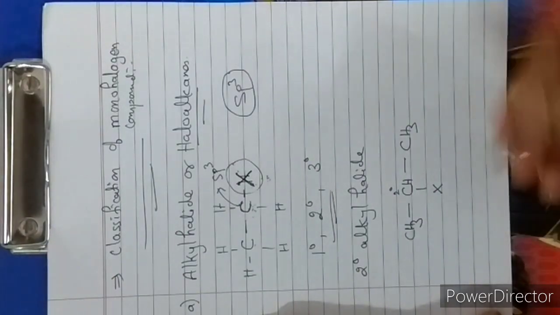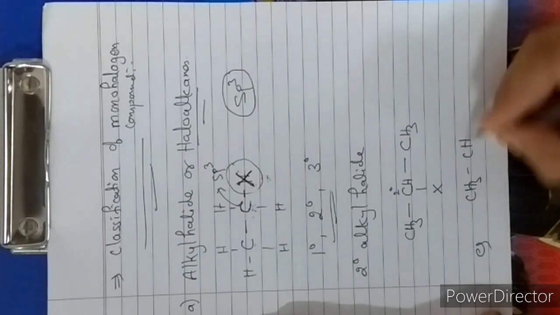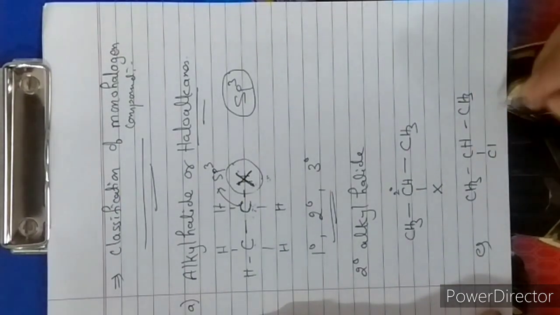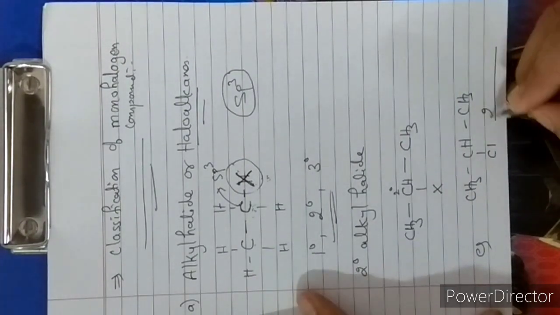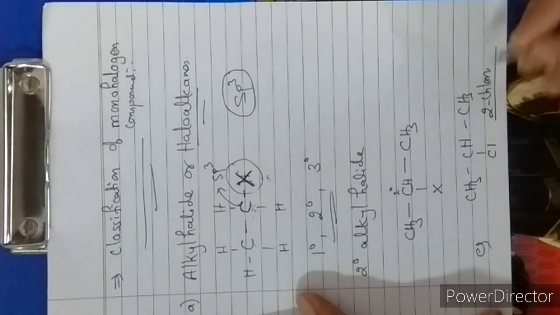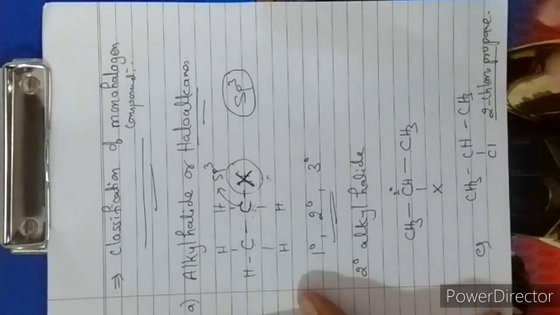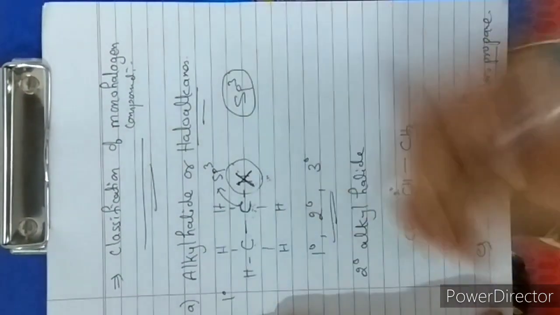Okay, we can write my example also. Suppose CH3, CH, CH3, I write here Cl. Can you name this? This is 2-chloropropane. Clear student?